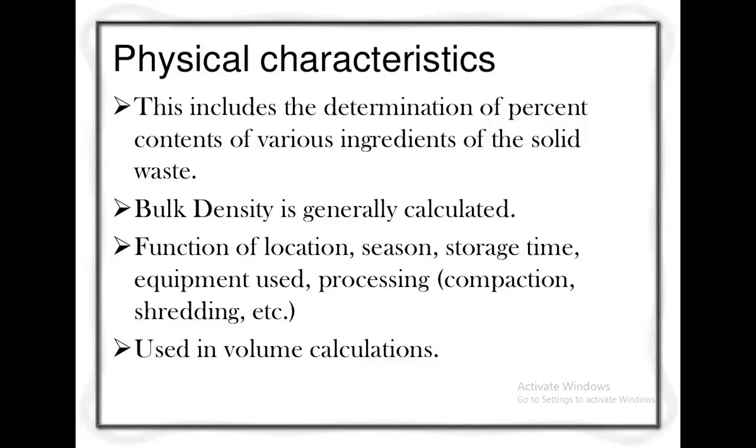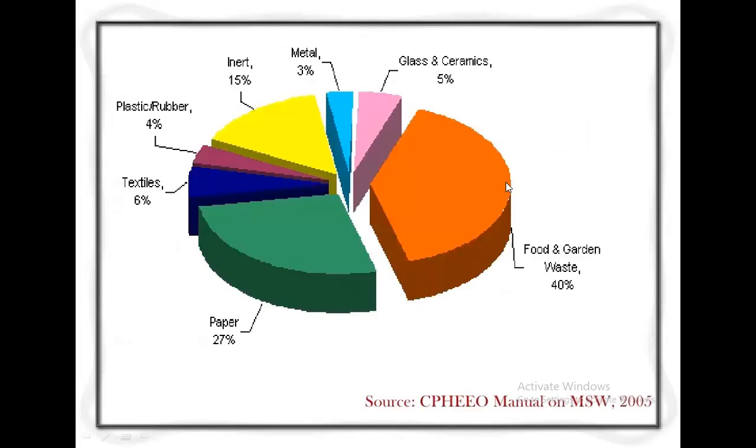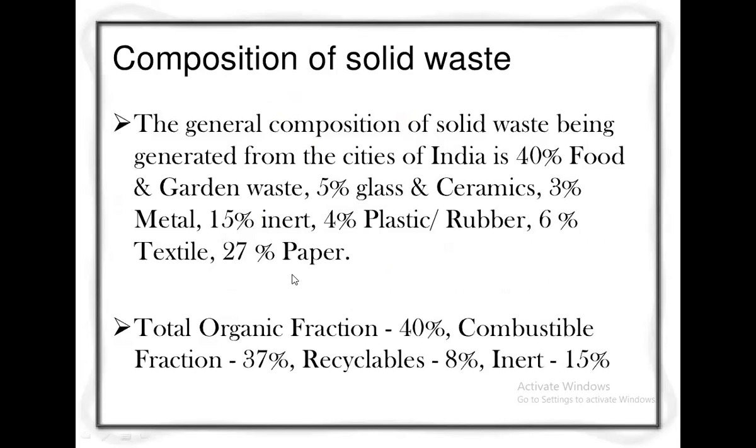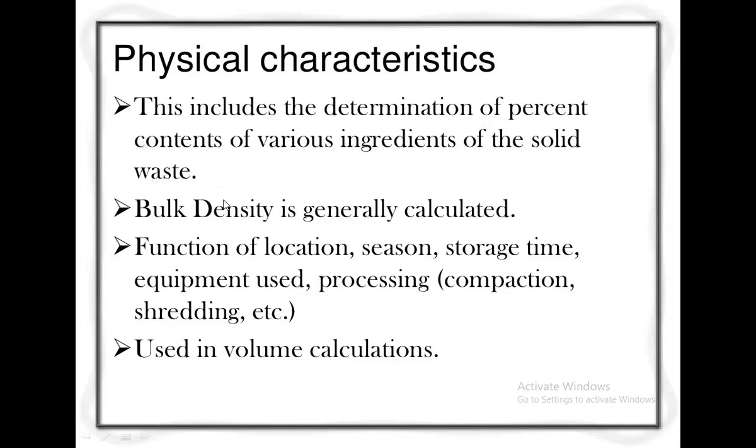In physical characteristics, what is the density? Bulk density is generally calculated, the density of the solid waste. Here it is given: density of food and garden waste, paper, glass and ceramics, plastic, textile, metal. Their density is determined. Bulk density is determined.